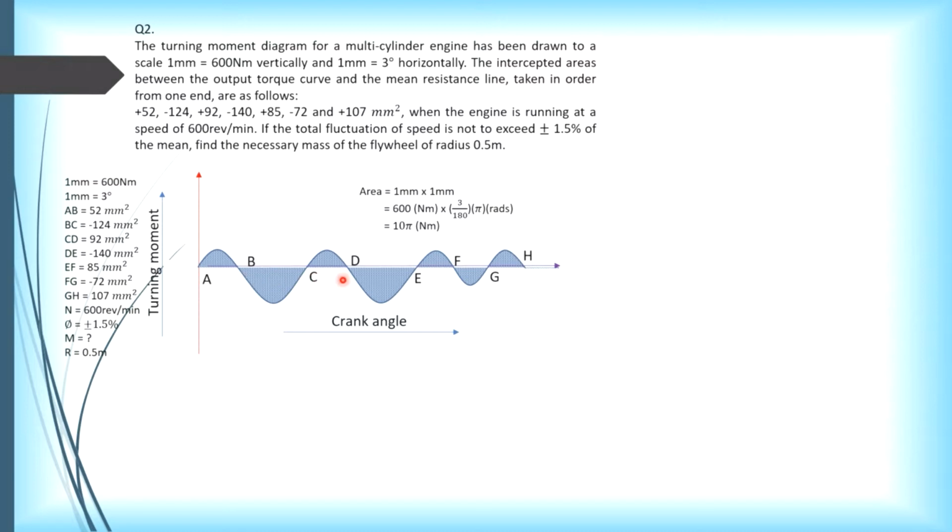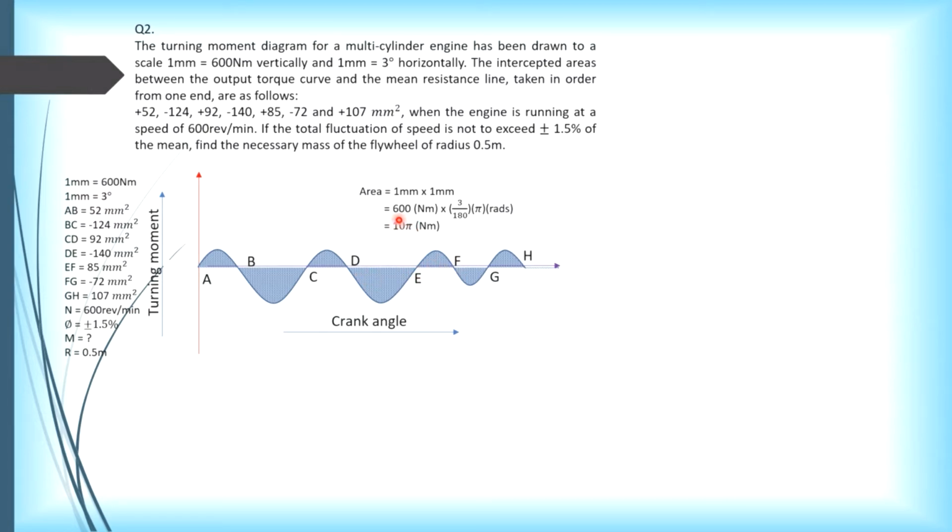So we have the turning moment diagram here: above, below, above, below, above, below, and above. Convert the scale, which is 600 Newton meter per 3 degrees, so you will have 10 pi Newton meter for each small section of 1 mm square of area here.